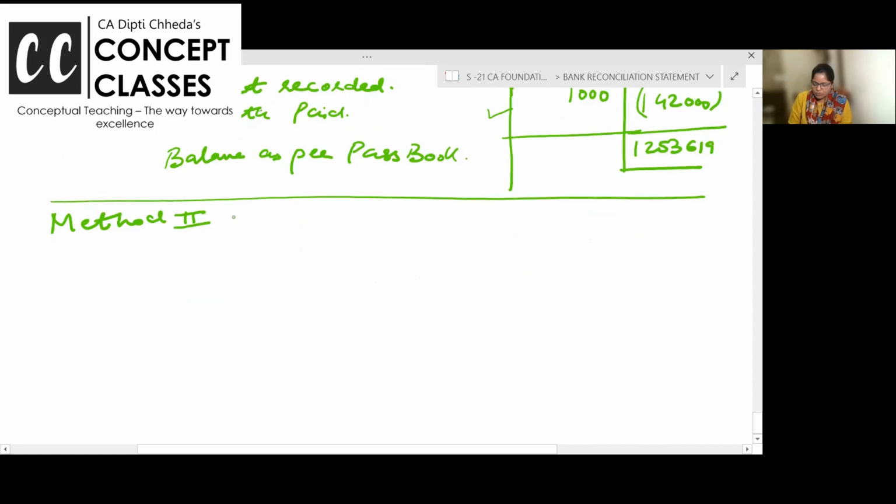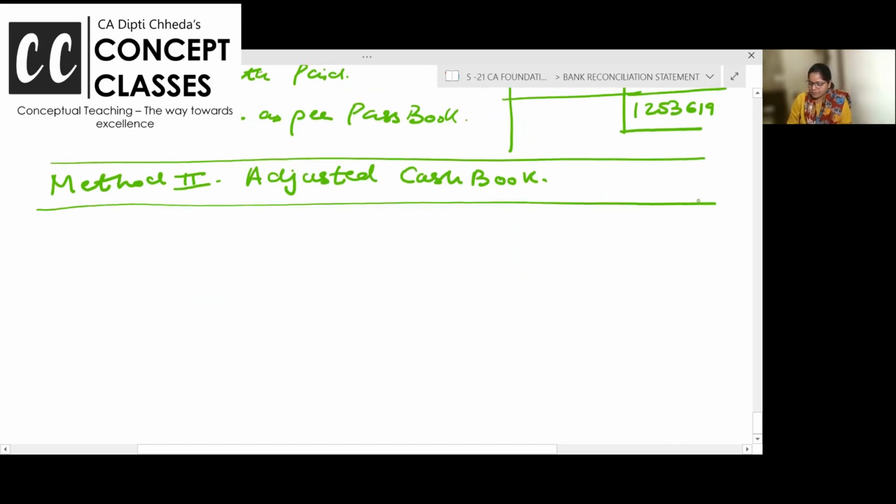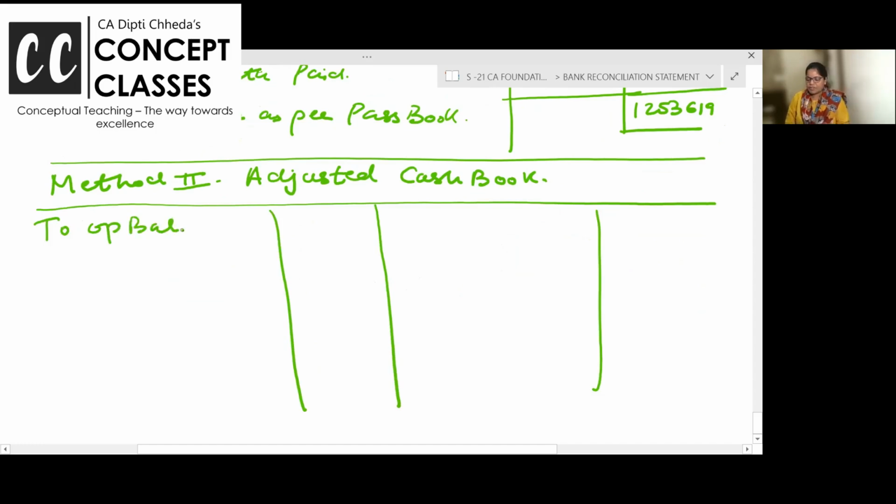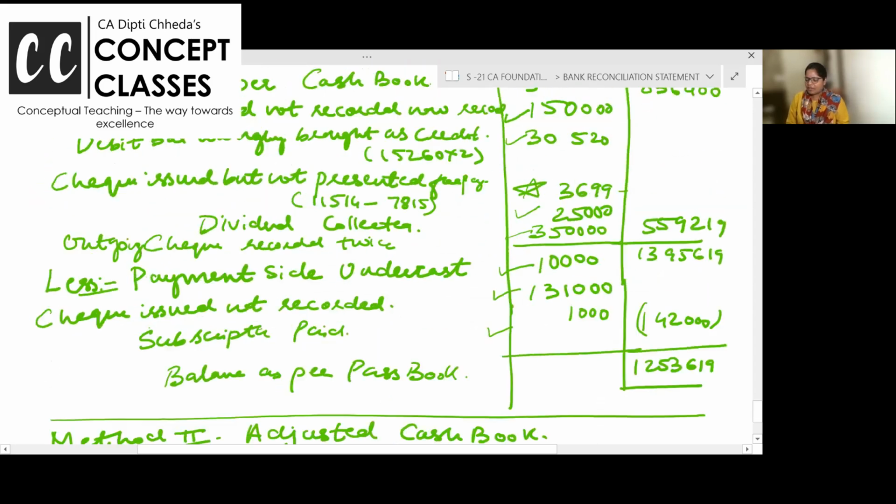Sure. Write down method 2. Adjusted cash book. In our books, adjusted cash book is obviously bank column.